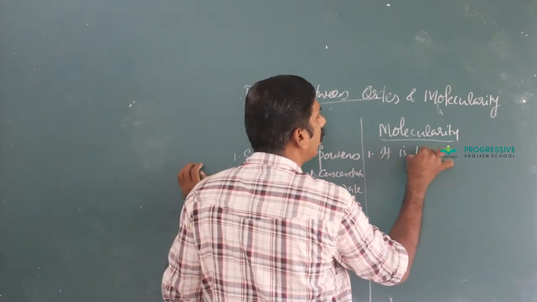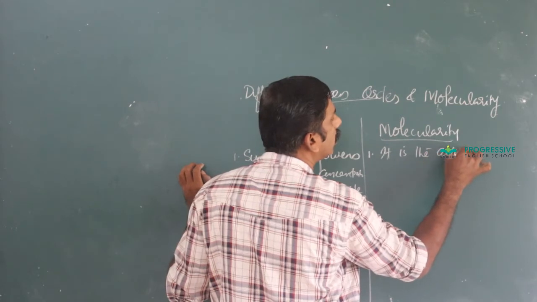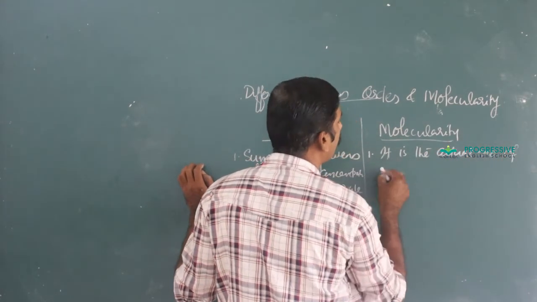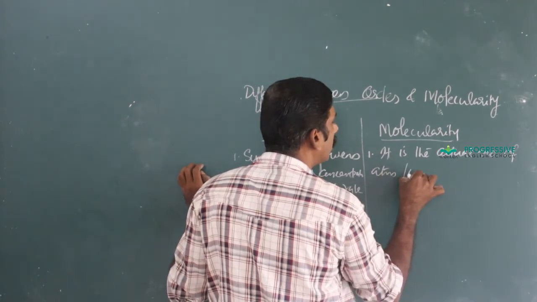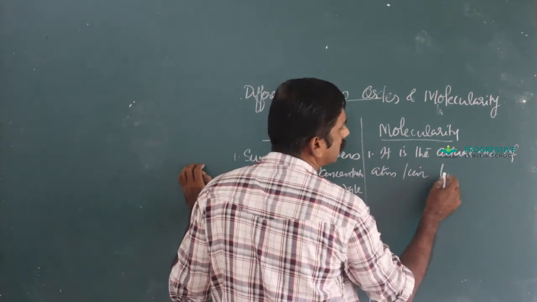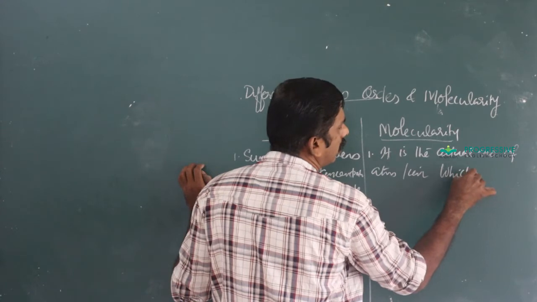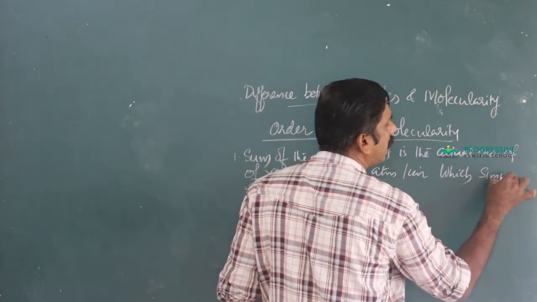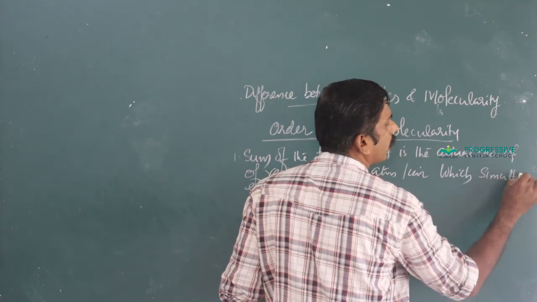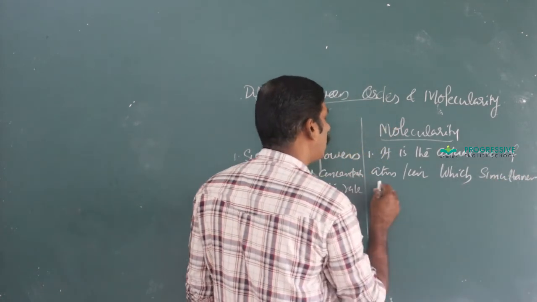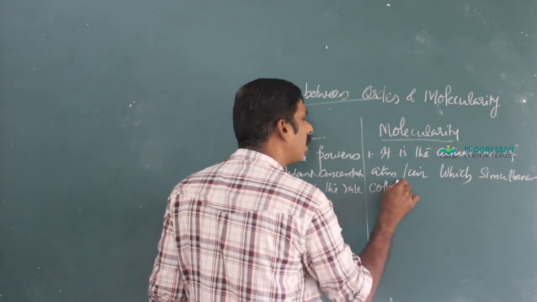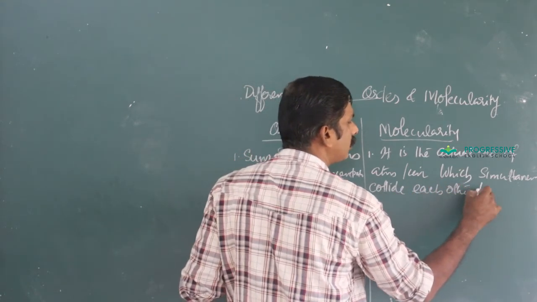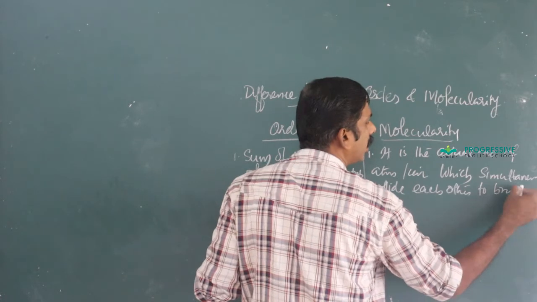It is the actual number of atoms or ions which take part in the reaction, which simultaneously collide with each other to bring a chemical reaction.